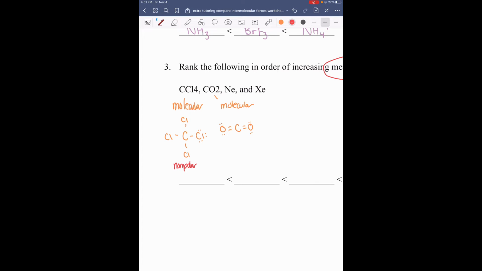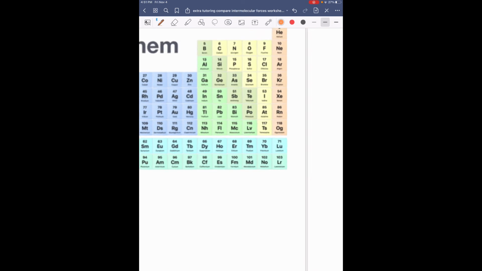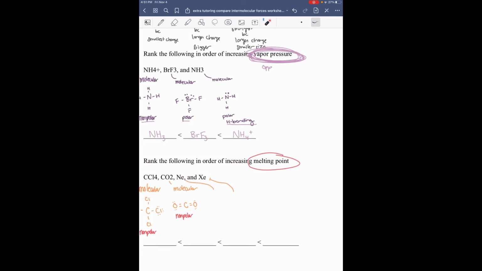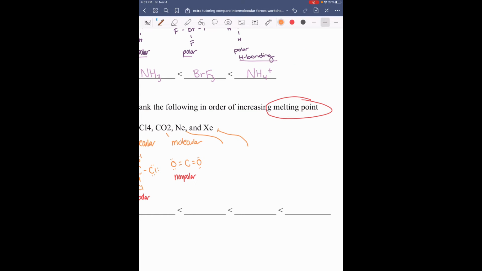This is nonpolar, because around the central atom it's uniform and there are no lone pairs on that central atom. And then we just have neon and xenon. Neon and xenon are both noble gases, so they're just chilling. They're also considered nonpolar.